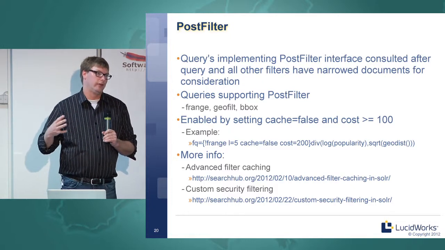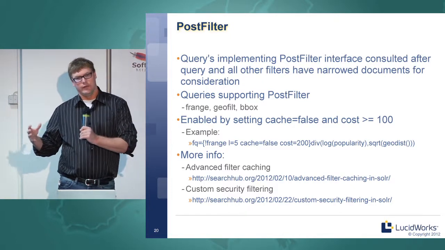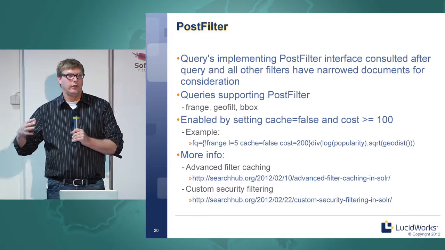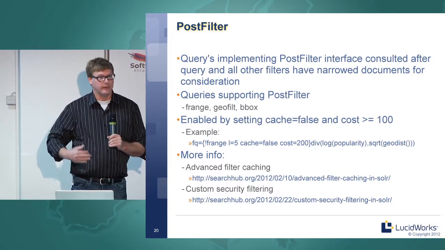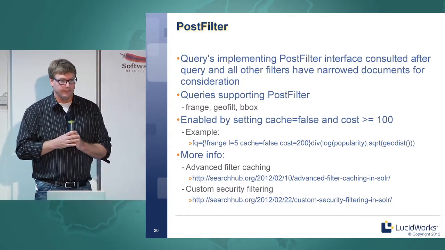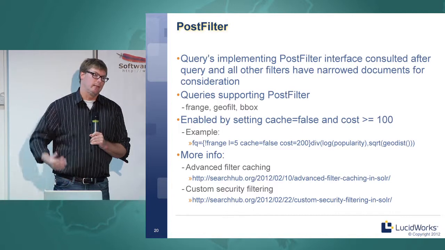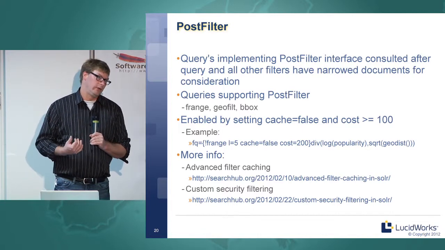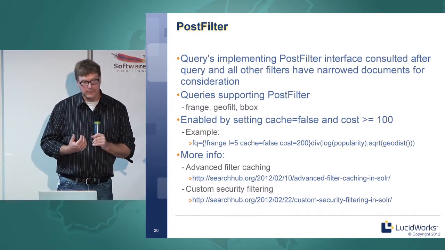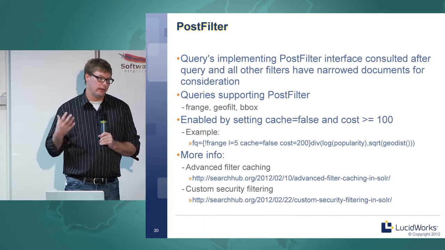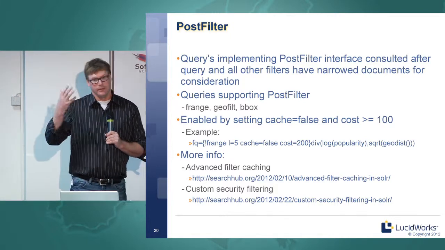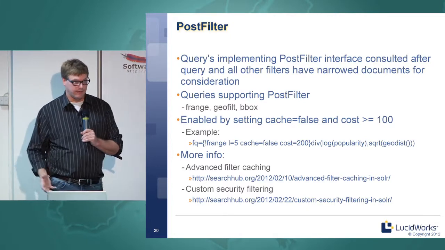The sets of the documents that match a query, the sets of the documents that match a filter become cached as document sets, basically, and intersected to come up with your final result. Being able to generate a document set and cache that thing when you're talking about something like access control can be extremely prohibitive. It's going to change basically every time you do a query, so caching it doesn't really help, but it's very expensive to generate that type of thing.